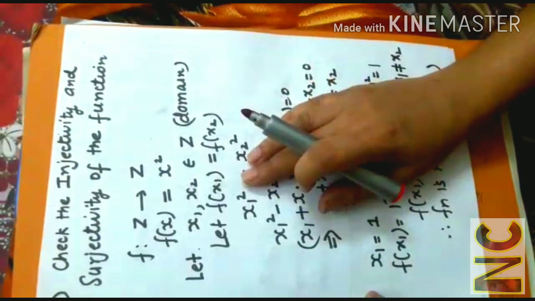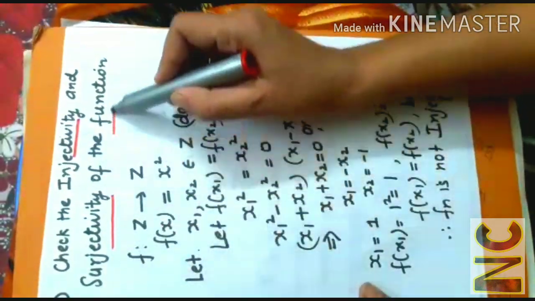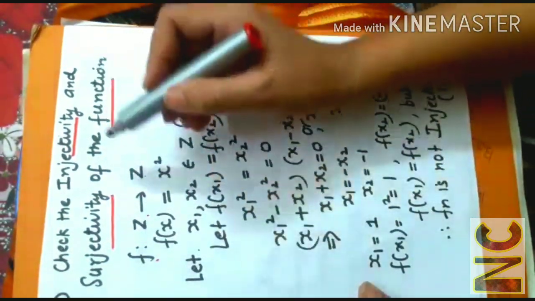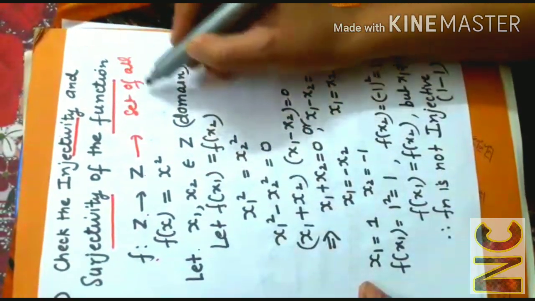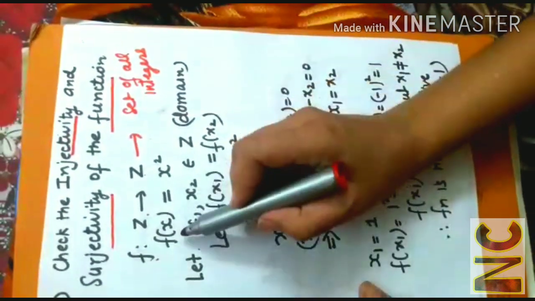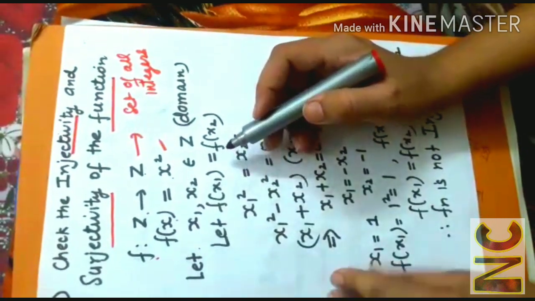Let's take another example. Check the injectivity and surjectivity of the function f from Z to Z. Here Z is the set of all integers defined by f(x) is equal to x squared.